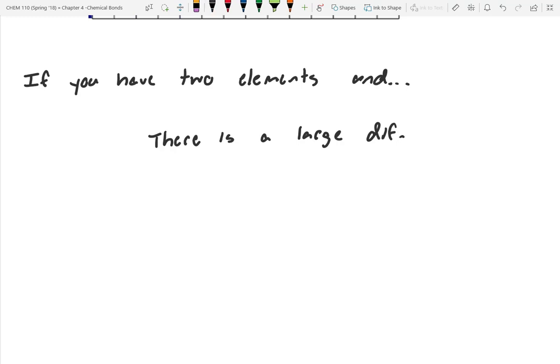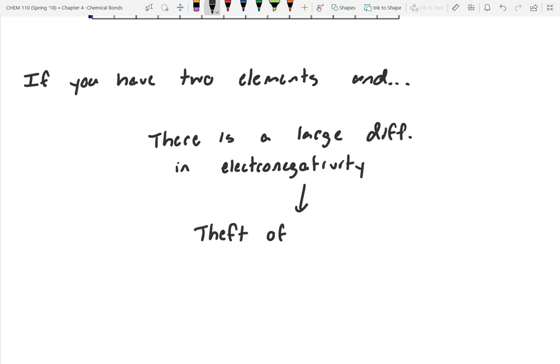If there's a large difference in electronegativity, essentially what happens is the one that's more electronegative is just simply going to steal electrons from the neighboring atom. And I call this a theft of electrons. This is referred to as an ionic bond.